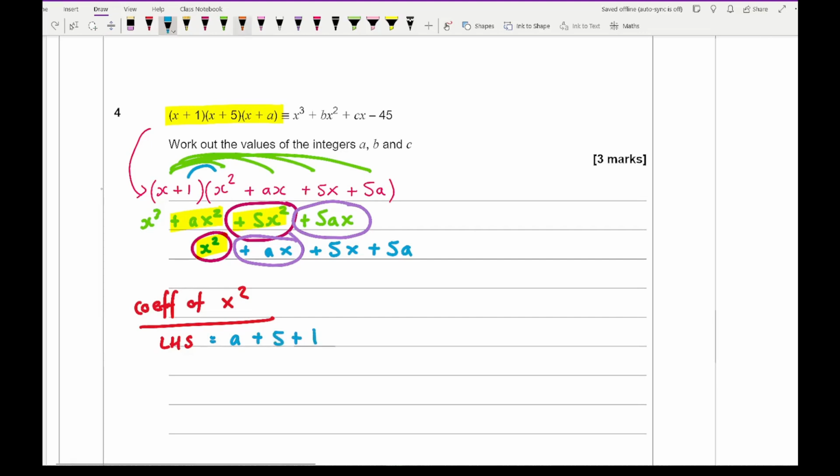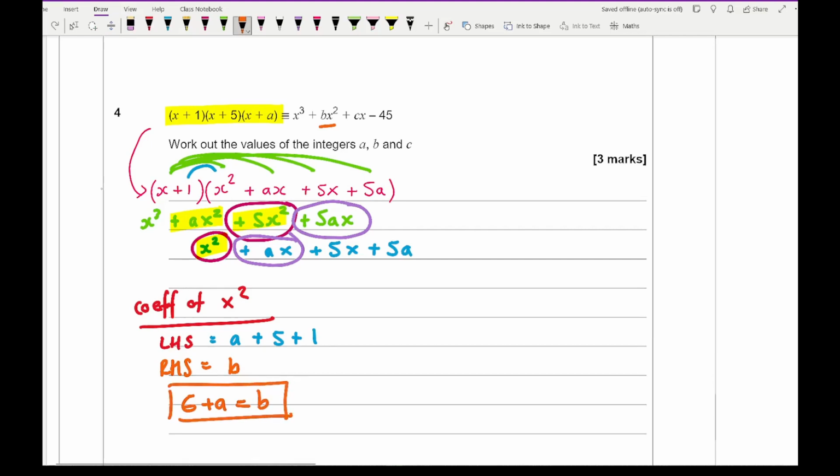And on the right hand side, how many x squareds have I got? Well, I've got b. So that means that 6 plus a equals b.